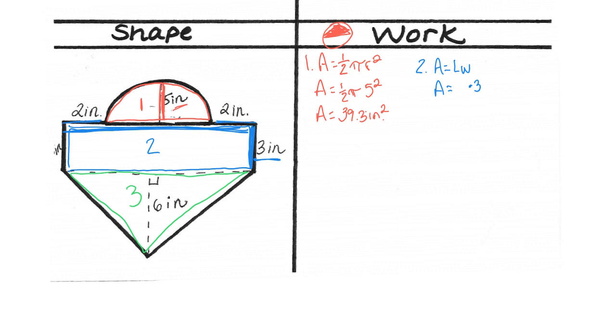And don't forget the radius is 5. So this is 5. And then from the middle to the side's 5. So then our whole length is 2 plus 5 plus 5 plus 2, or 14.